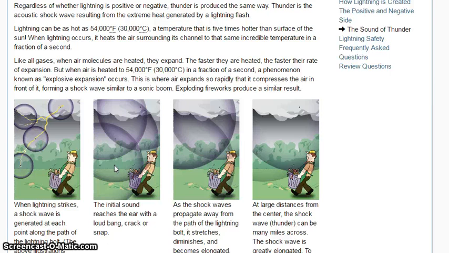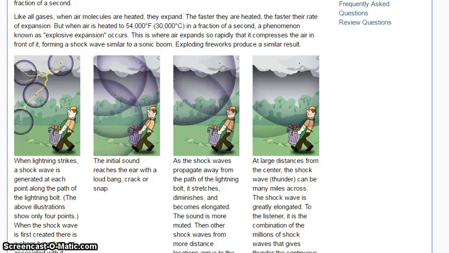It's like going to a baseball game, and at times you can see the ball coming off the bat and then hear the ball being hit by the bat. The light is going to travel much faster than sound, and that's why we get the bolt of lightning and then we hear the thunder afterwards.